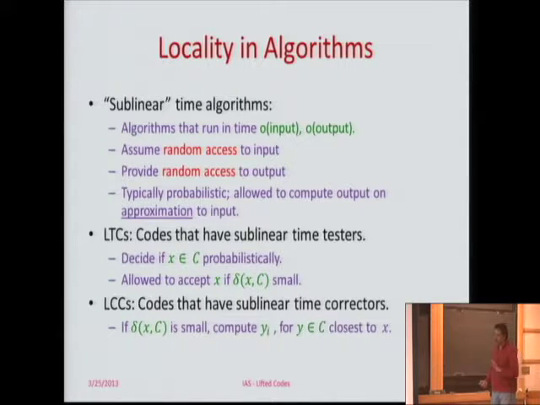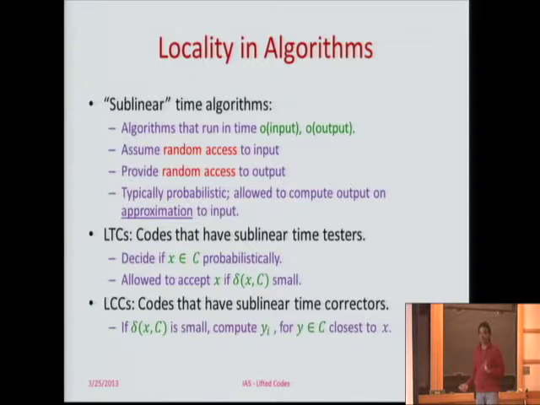In a locally correctable code, these are codes which have sublinear time algorithms for correcting. So I give you a vector x, but it is not a code word, there is some nearby code word y, and I would like to be able to compute this y locally. Without accessing all of x, I would like to be able to find out what is y sub i. So this is what local correction means.